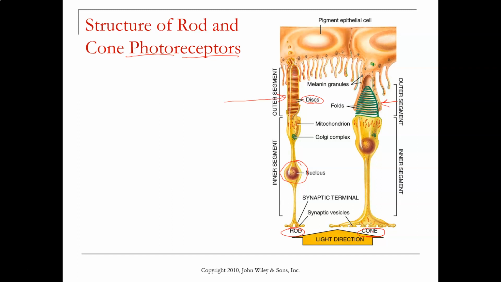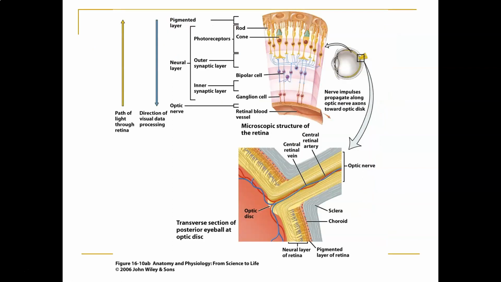Cones are the ones you're going to use to read or do anything that requires detailed eyesight. If you're painting, or really anything that requires you to see clearly, they're the ones you would use in bright light, during the day, when you're seeing things in various colors. So those are in your retina.